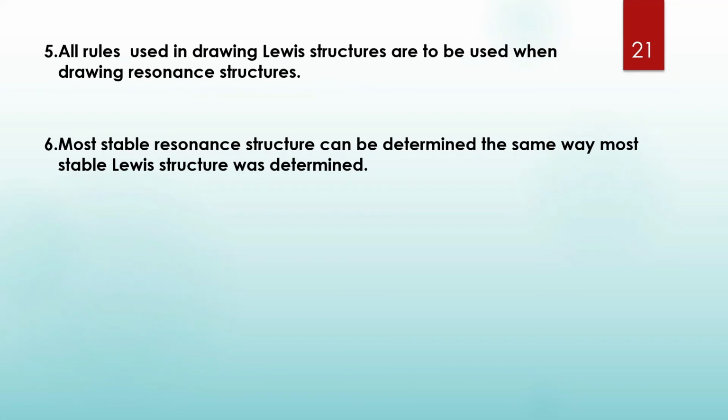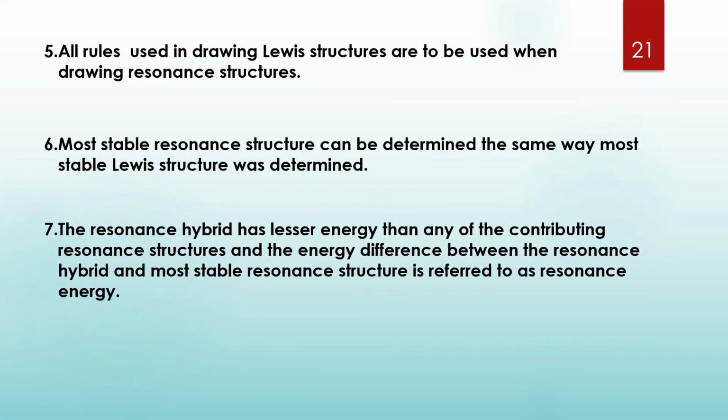The most stable resonance structure can be determined the same way the most stable Lewis structure was determined, that is, using formal charges. The resonance hybrid has less energy than any of the contributing resonance structures, and the energy difference between the resonance hybrid and the most stable resonance structure is referred to as resonance energy.